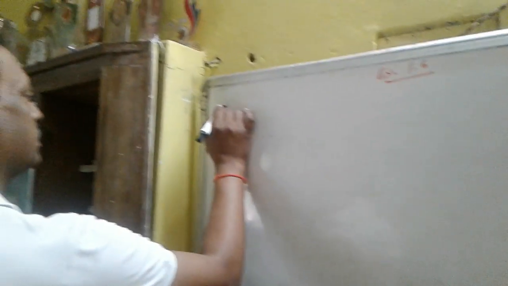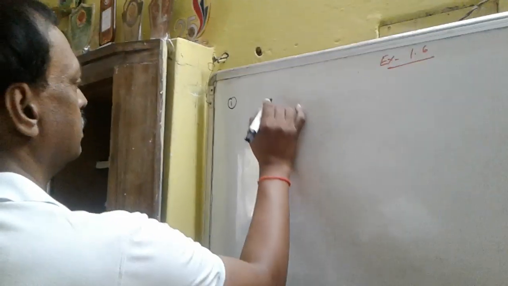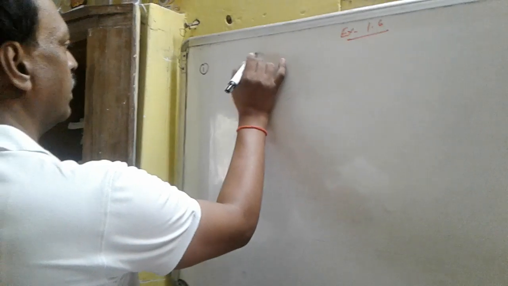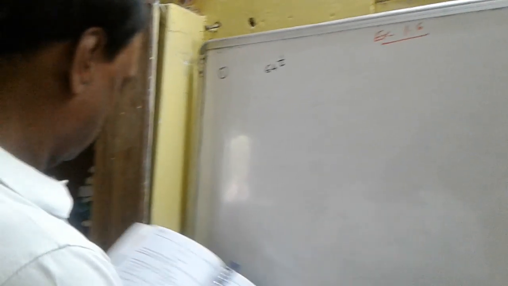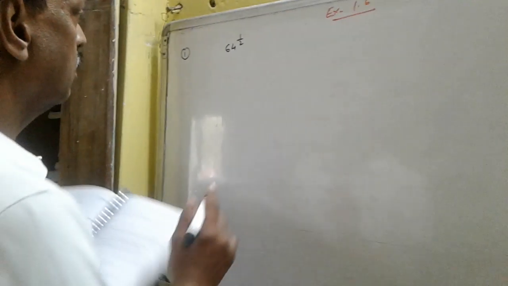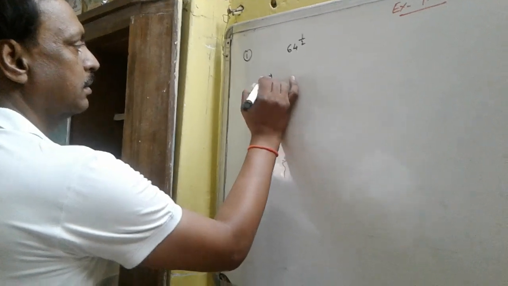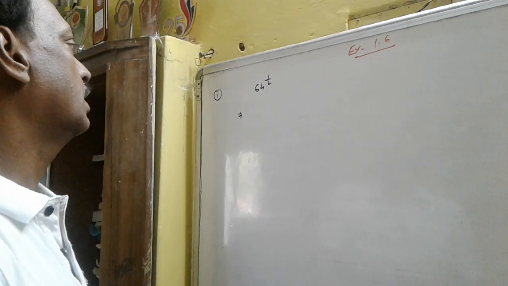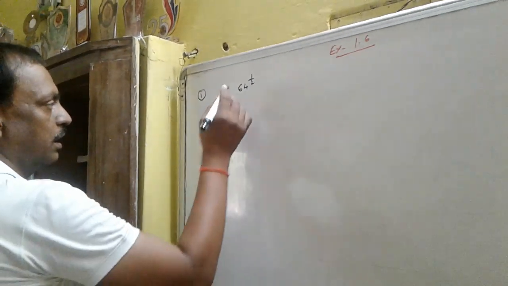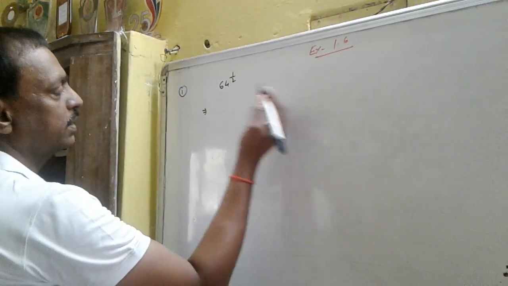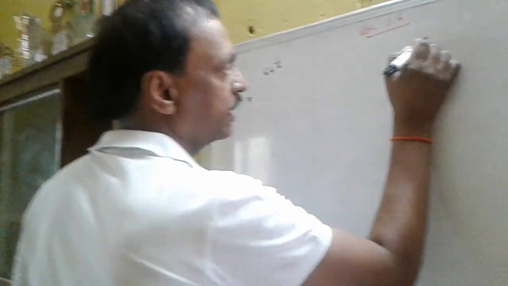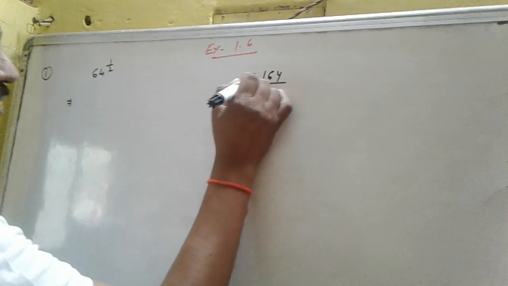Hello students, today we are going to solve the questions of exercise 1.6. First one is find 64 power 1 by 2. At first we will find the factors of 64 in terms of 2. Just on the rough side you can get the factors of 64.